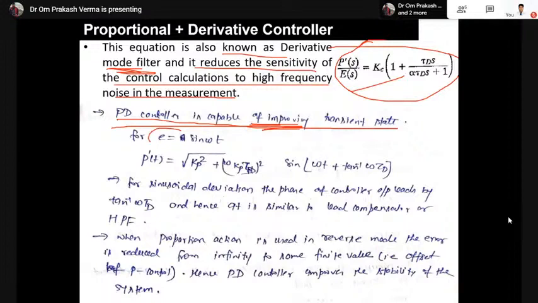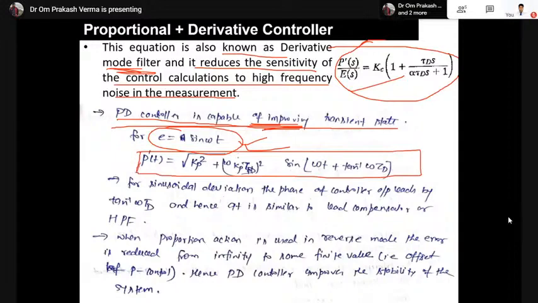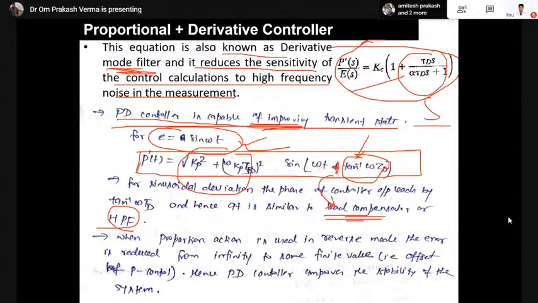Now come to the sinusoidal input. When the input is sinusoidal and you find the output of this controller, the phase is changed with a plus sign, so it represents a leading nature. Therefore it is known as a lead component, s upon 1 plus s, and its nature is high pass.